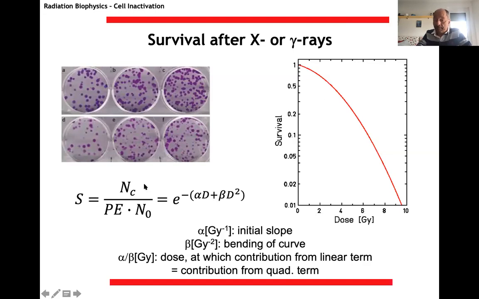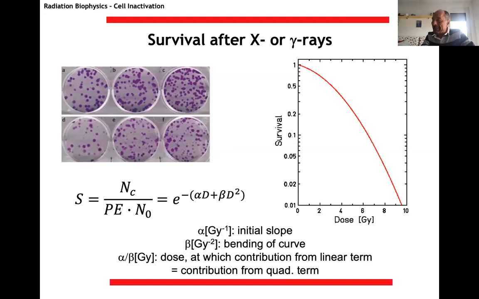Generally, if you plot these numbers for many doses of X-rays, you end up with the linear quadratic curve. But be careful, it's linear quadratic in log scale, so it's an exponential of minus alpha d plus beta d squared. I told you already when we saw microdosimetry that everything in biology is linear quadratic.